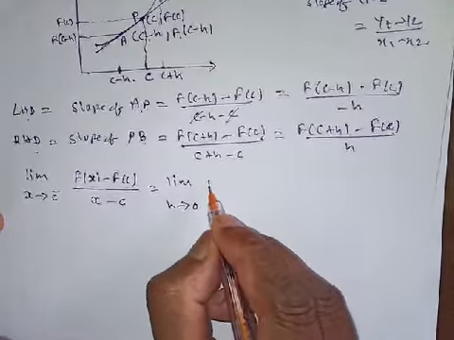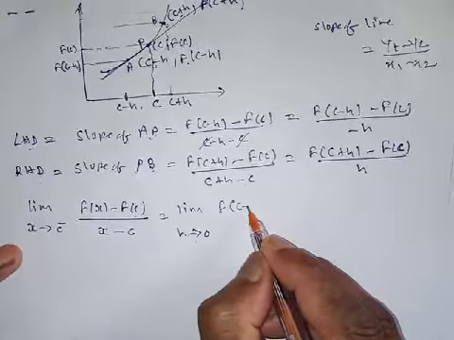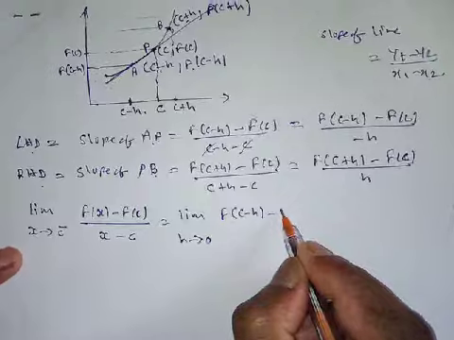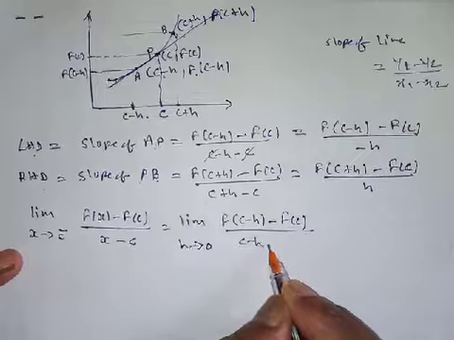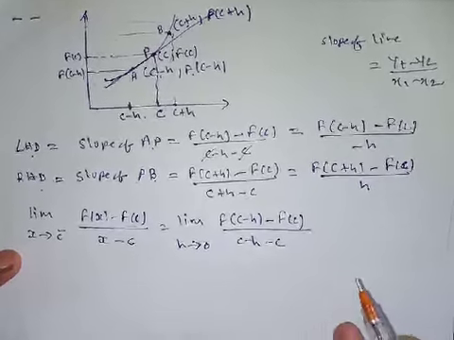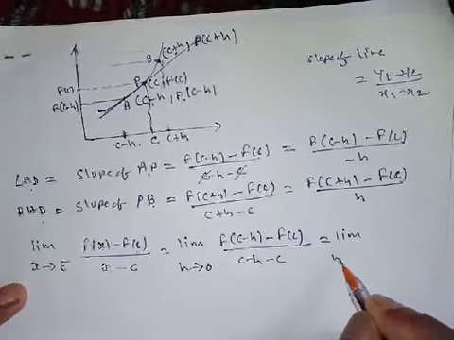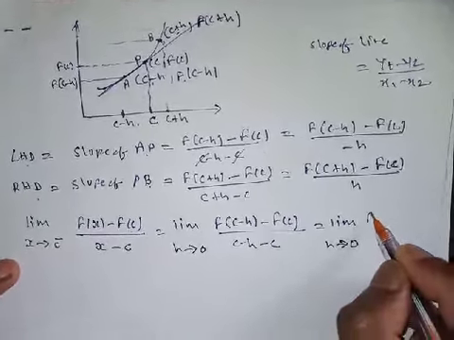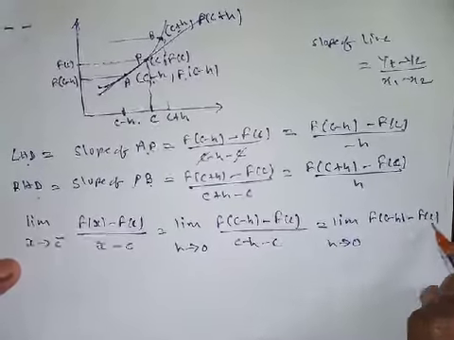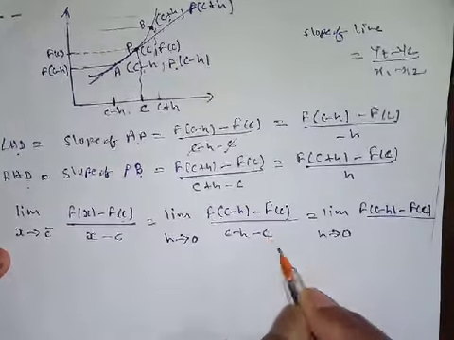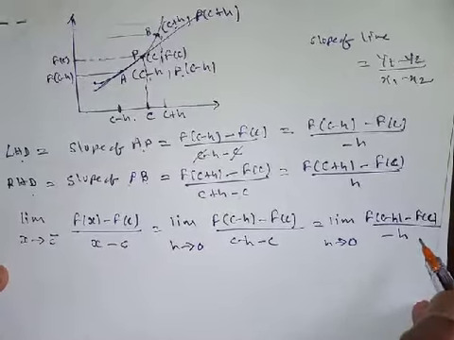Limit, f of C minus h minus f of C, upon C minus h minus C. This will reduce into limit h tends to 0, f of C minus h minus f of C, and the minus C and plus C will cancel out, it will be minus h.